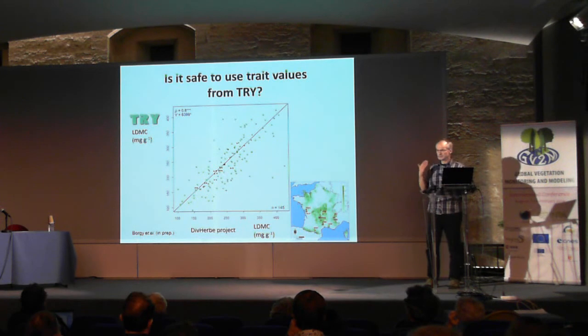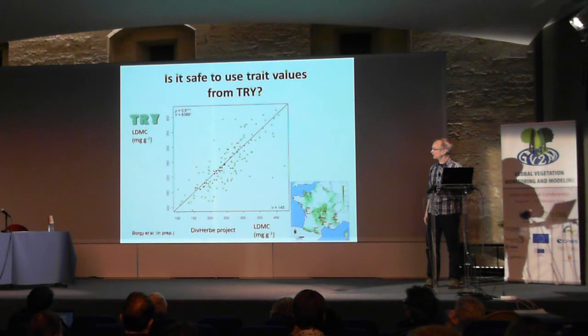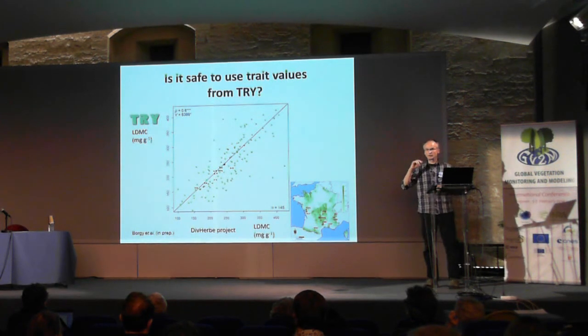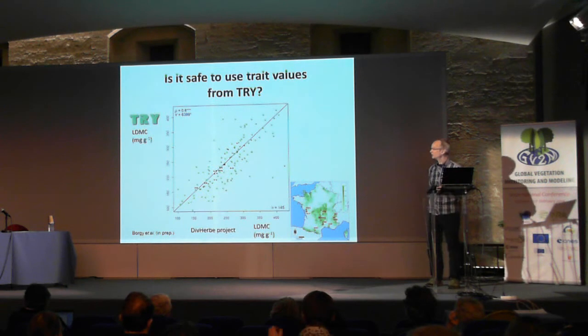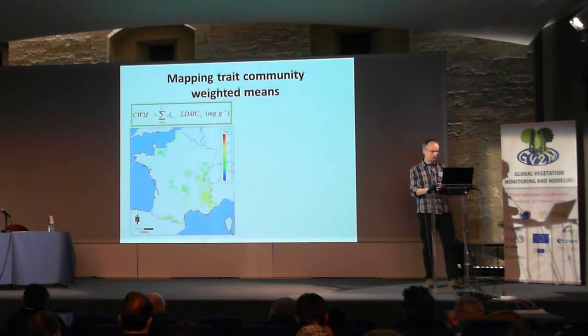Here would be traits observed within a plot and measured directly, and here would be traits taken from the database. It helps that within species the variation of traits is rather small, so the correlation between the directly observed traits at some of those plots and the traits taken from the database is high.